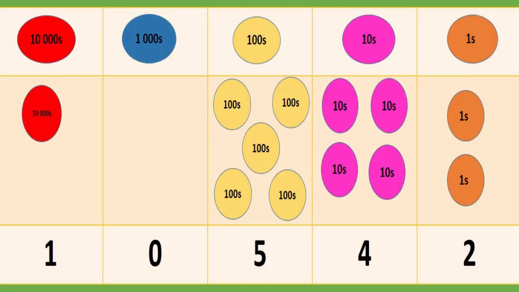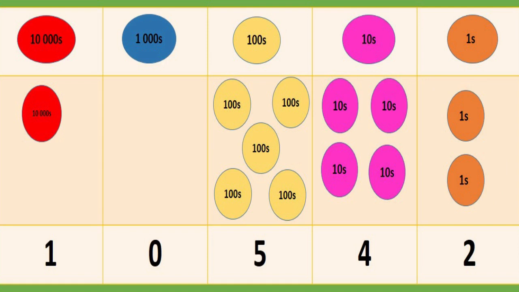To show 10,542 using a number disc in their respective color and place value, let's start from the digit 2. The digit 2 should be at one's place. So how many one disc must be placed on the table? It must be 2 discs.